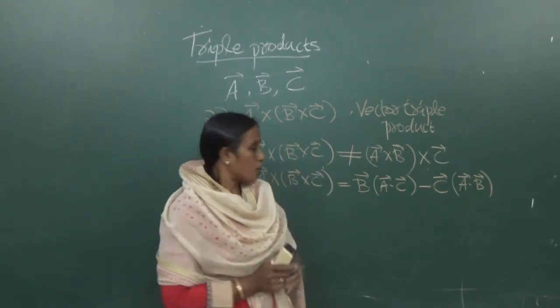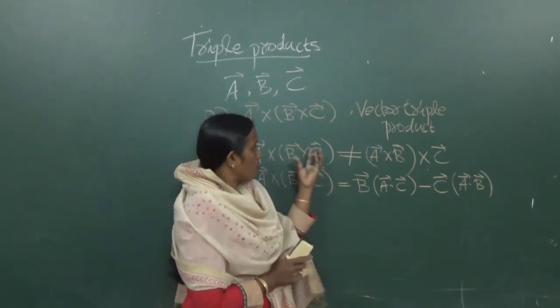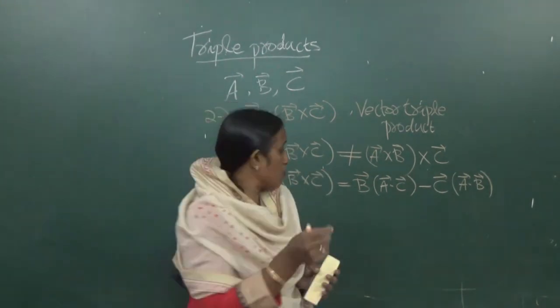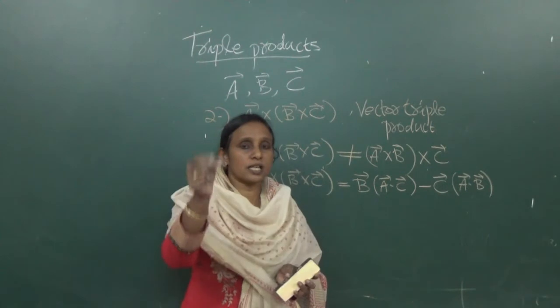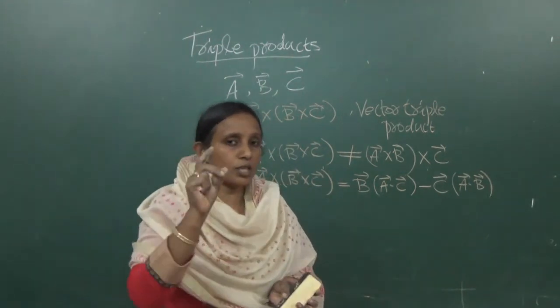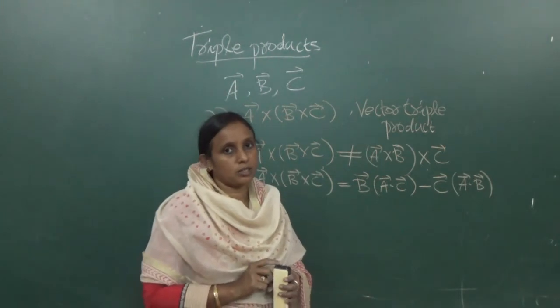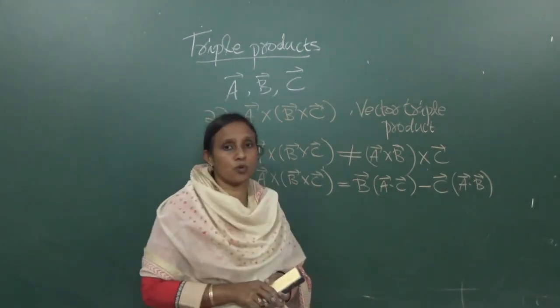You can further simplify: if there are many cross products in an equation, you can simplify these expressions into an equation which includes only one cross product using these types of rules.